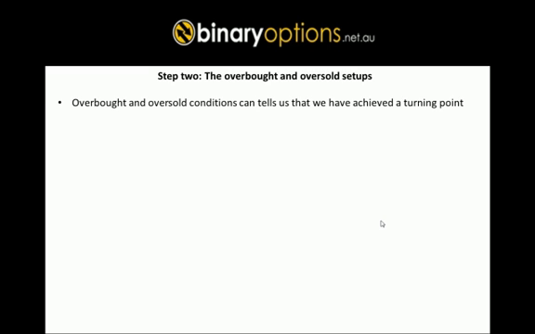Now, overbought and oversold conditions can tell us that we have reached a turning point. For example, in a ranging market, you can see that the RSI will point out overbought and oversold conditions at the top and the bottom of the range, so you can easily trade it. There are two levels to consider here.